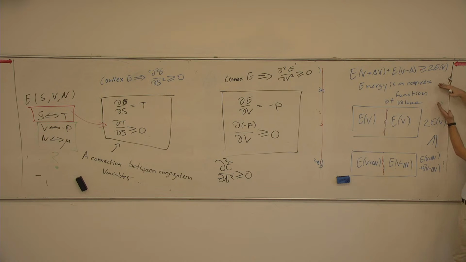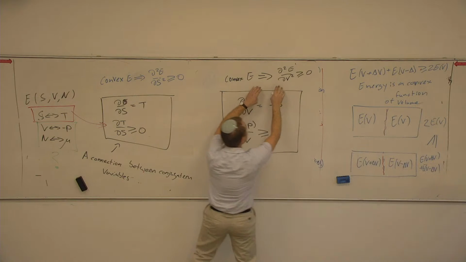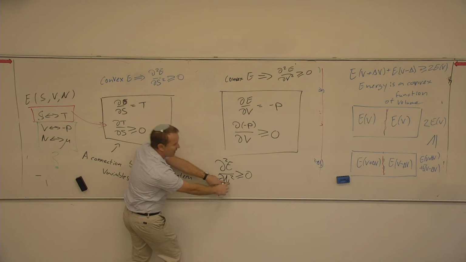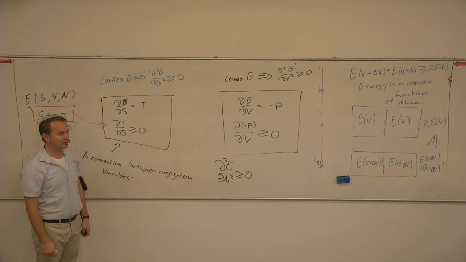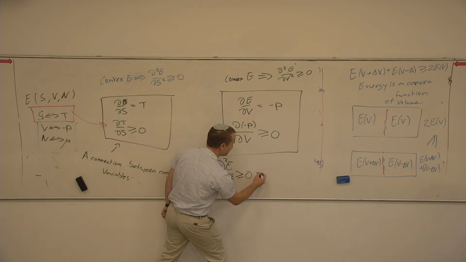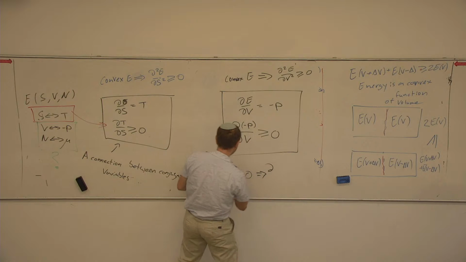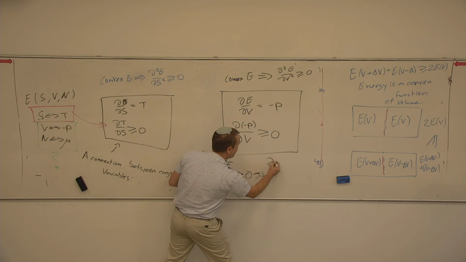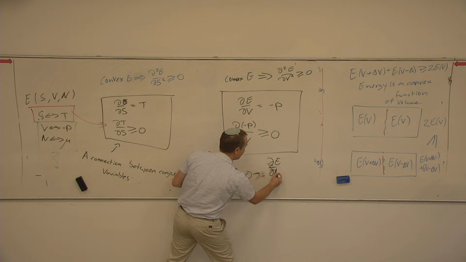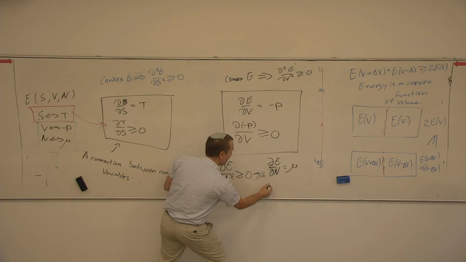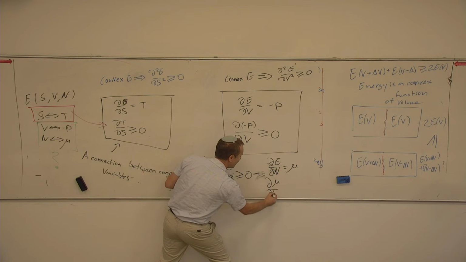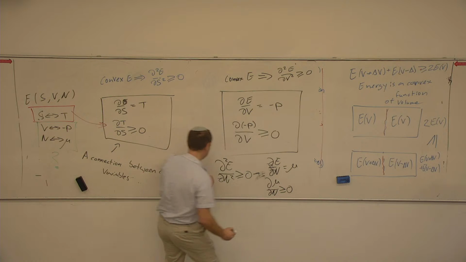This is why energy is a convex function of the number of particles, and why its second derivative with respect to n has to be greater than 0. And this means that dE/dn is mu. So we have dmu/dn greater than 0.